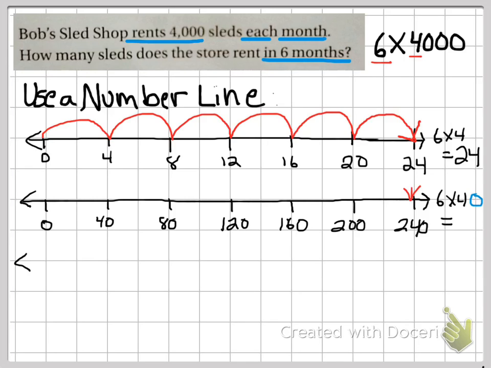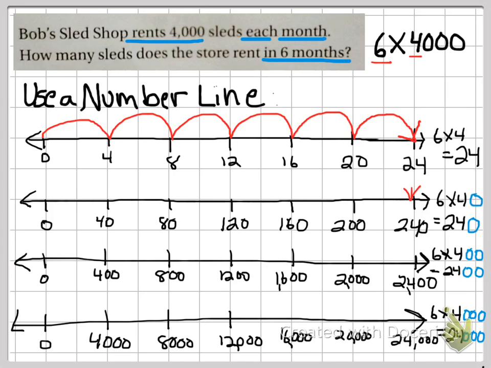So 6 times 40 is 200, and one more 0, 240. So 6 times 4 is 24. 6 times 40 is 240. I can't fit that in there. There we go. 6 times 40 is 240.